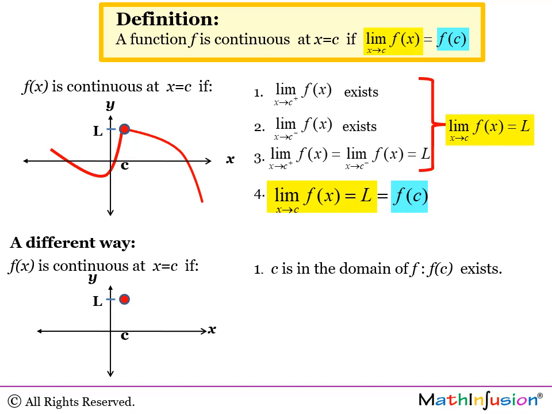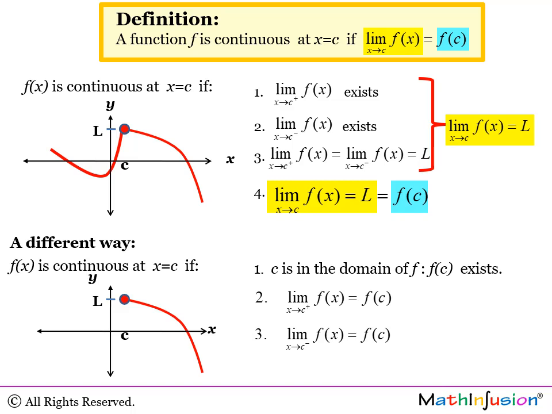We also have to be able to trace the graph from left to right and right to left there, which means that it has to be that the limit from the right at x equals c is f of c, which means we must have this part, and also we must have the other part because we should be able to trace from left and right of x equals c on the graph.